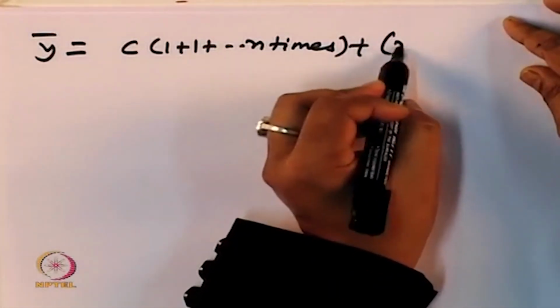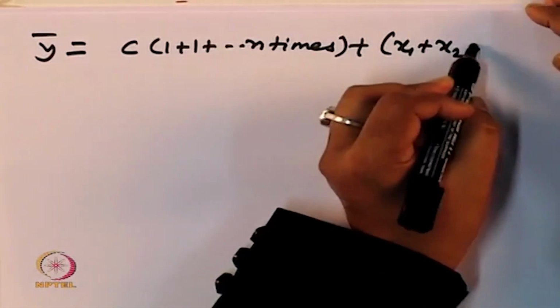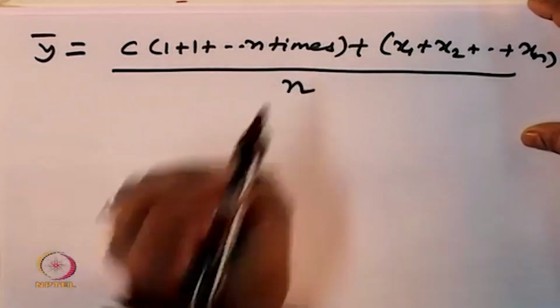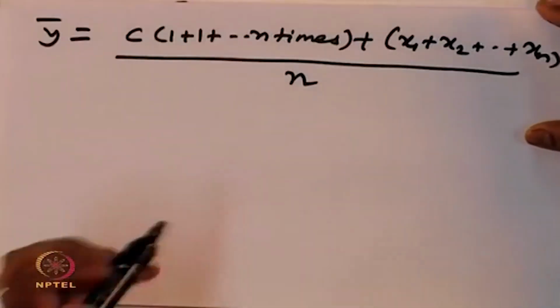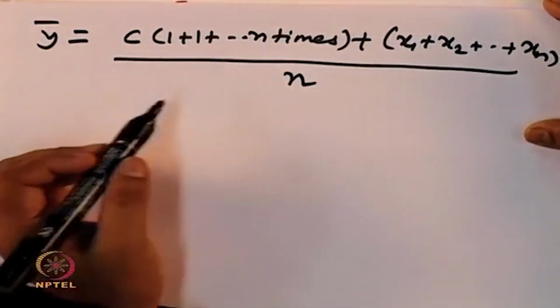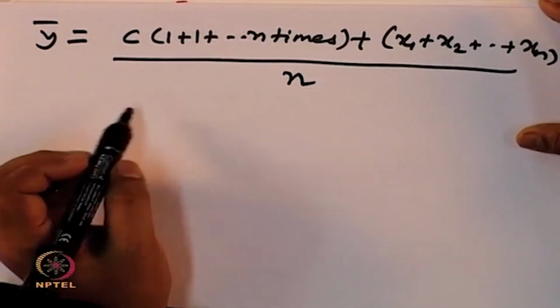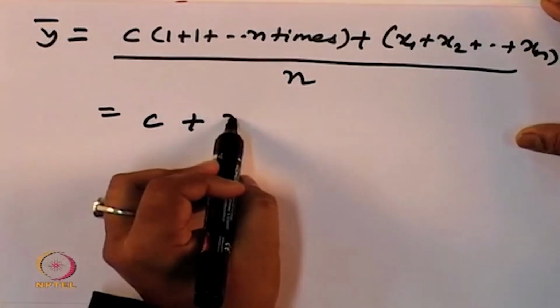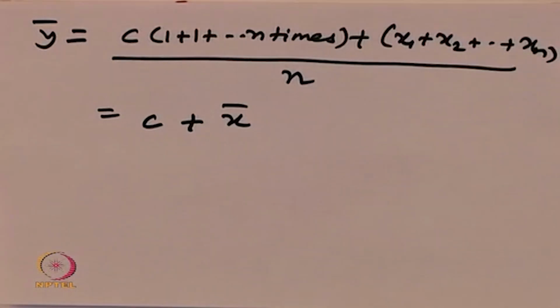Then you have x1 plus x2 plus xn and this whole thing divided by n. Okay. Now, this 1 plus 1 plus 1 n times is simply n. So, this gives me the formula c plus, and this remaining thing is x bar. So, y bar is c plus x bar.